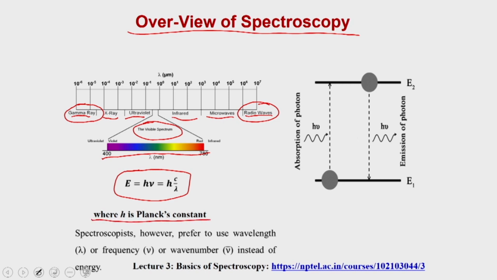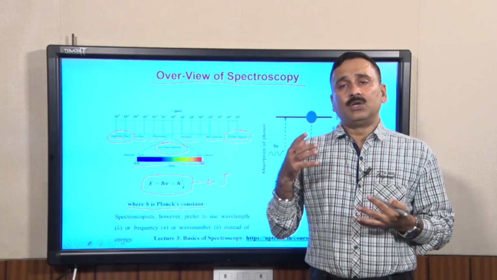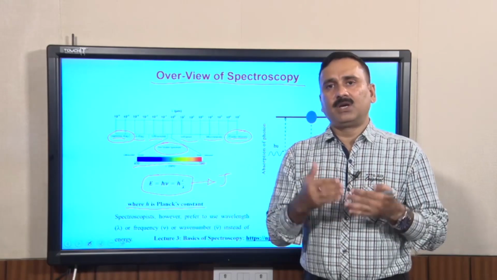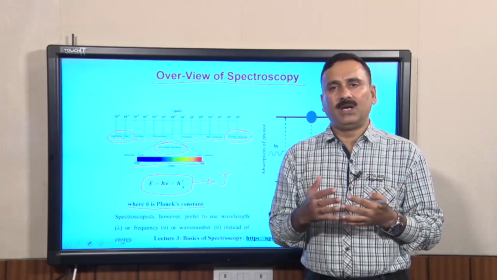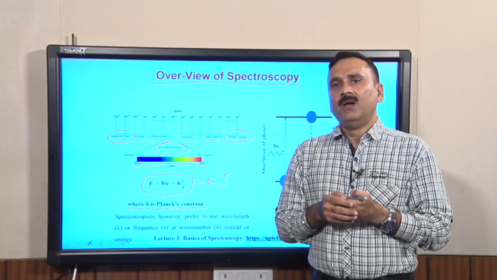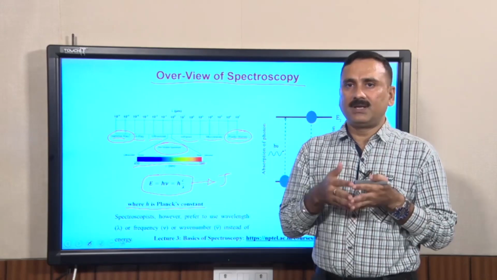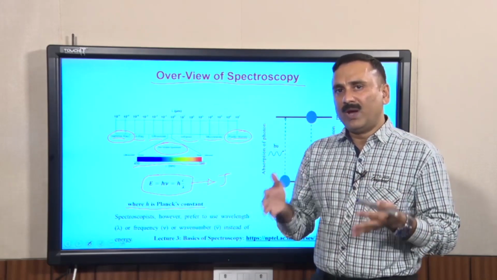If you calculate the energy, you get it in terms of joules or kilojoules, and many times the kilojoule can be converted into electron volts, but spectroscopists mostly use the term wavelength.